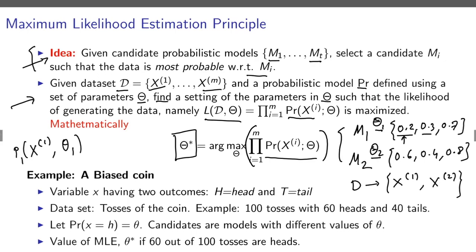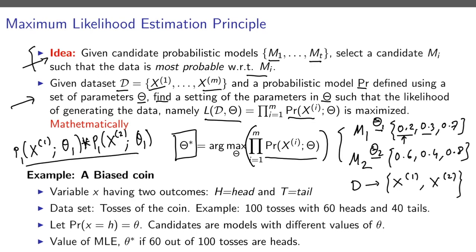And you compute the probability of x2, again according to the parameter set theta 1. When you take the product of these two probabilities, you get the likelihood of the data according to the model M1.